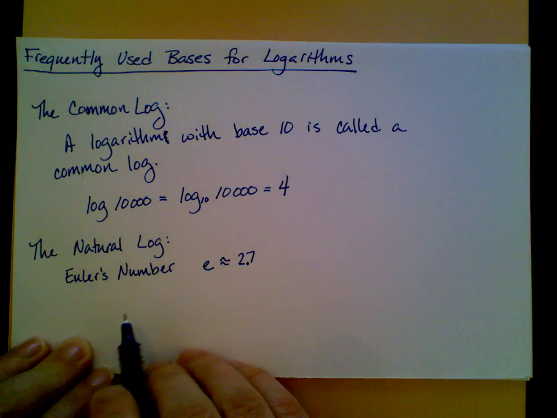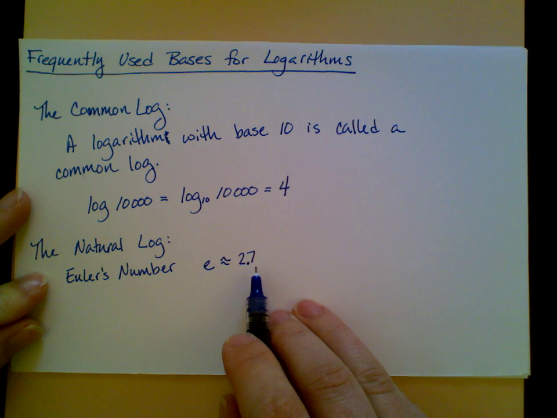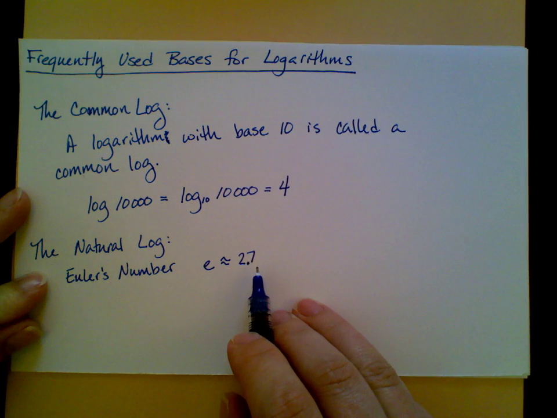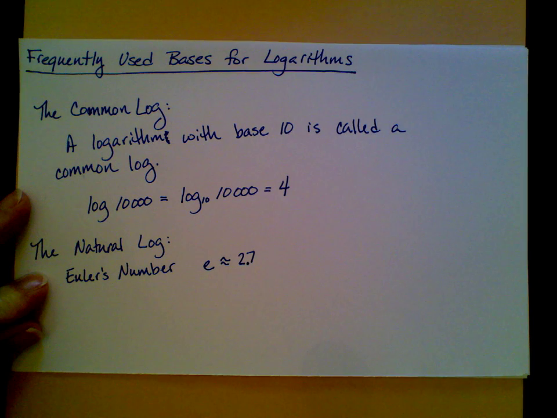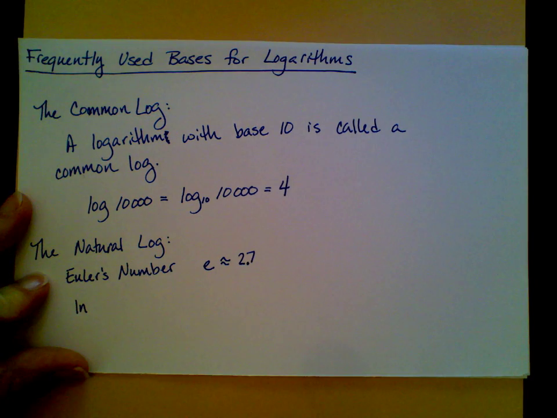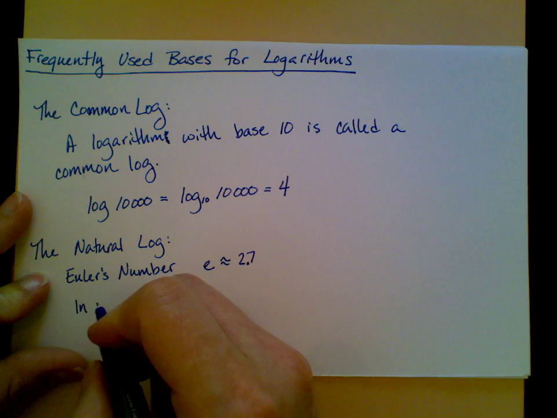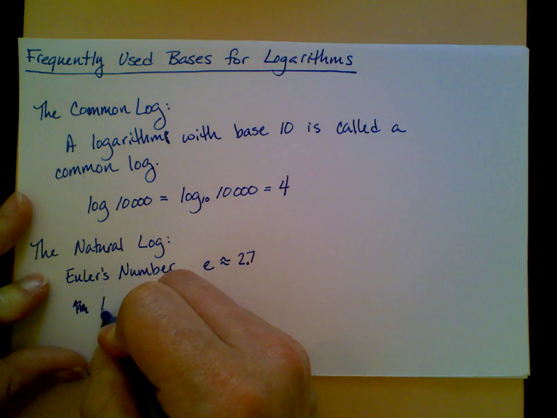This number turns out to be extremely useful. It mostly comes up in calculus, but there are just lots of places in nature that Euler's number turns up. So we call that a natural log. Let's actually write that down.